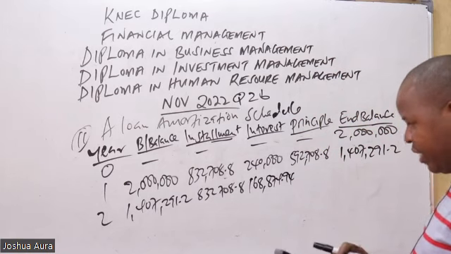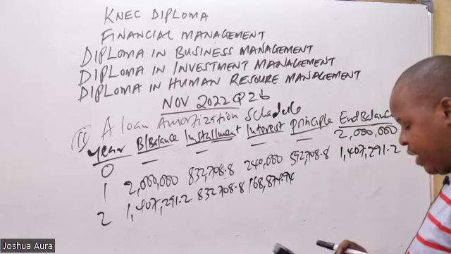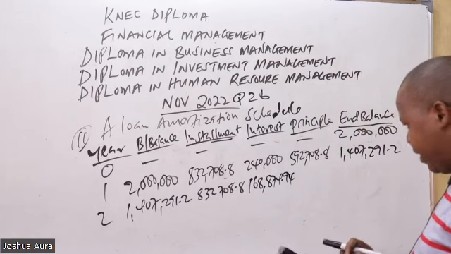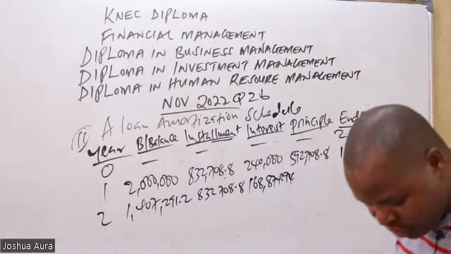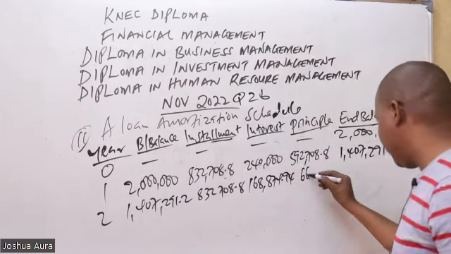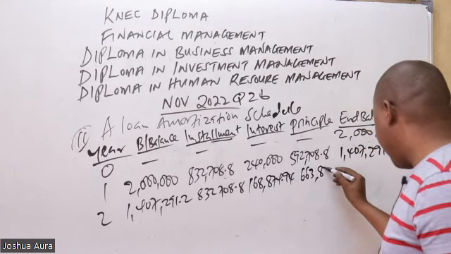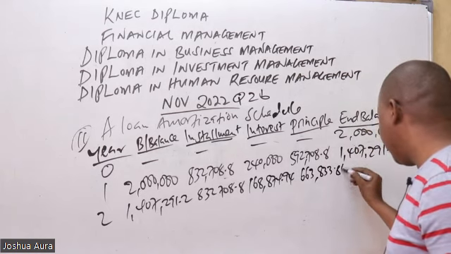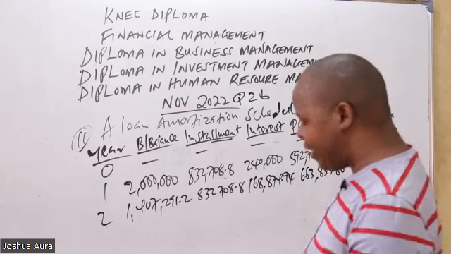So installment is 832,708.8 minus 168,874.94. So what is our principal amount? 663,833.86.